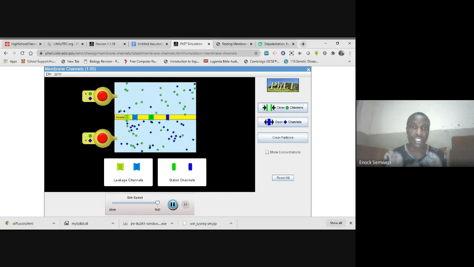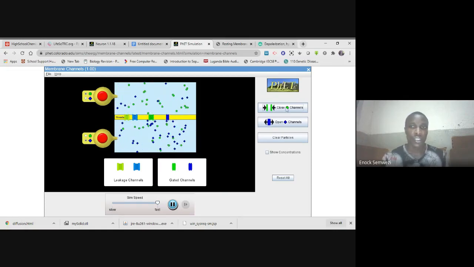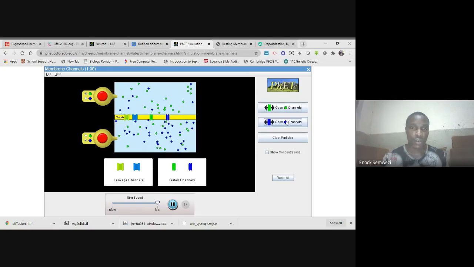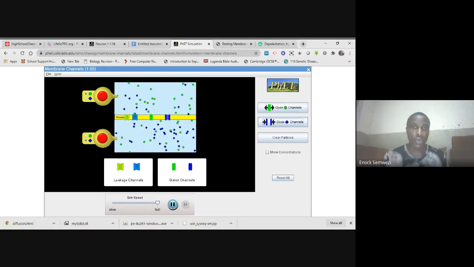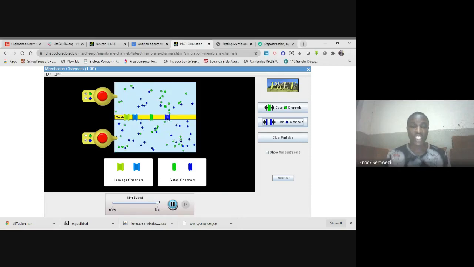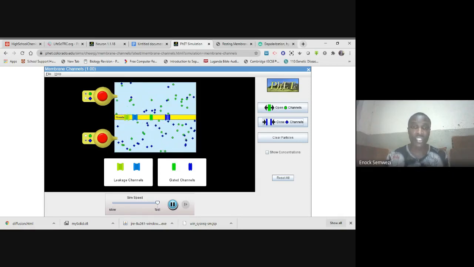You find that only the green ions can go through, the blue cannot. Let's open the blue one. The blue ions can go through, but the green cannot. So the gated channels and the leakage channels are specific in nature.